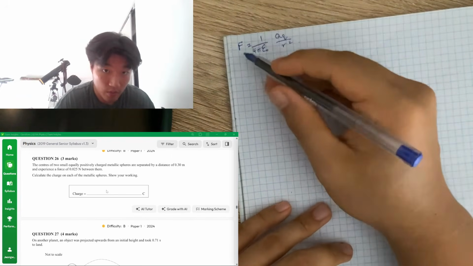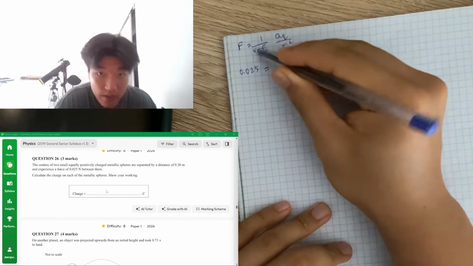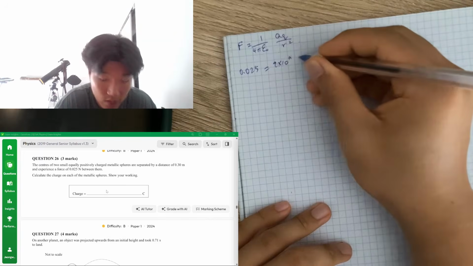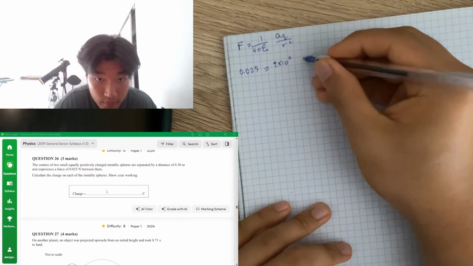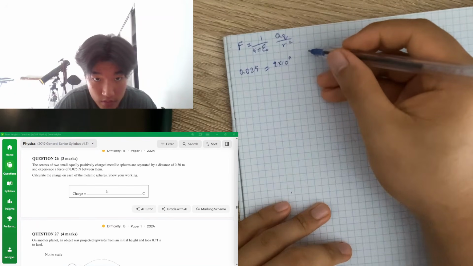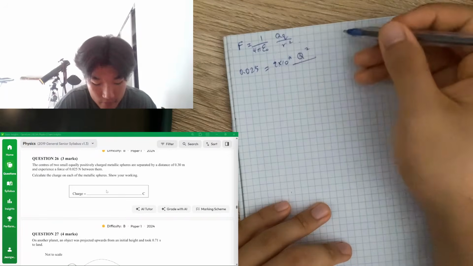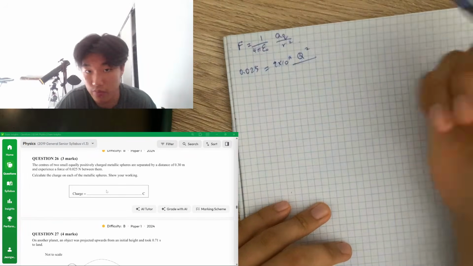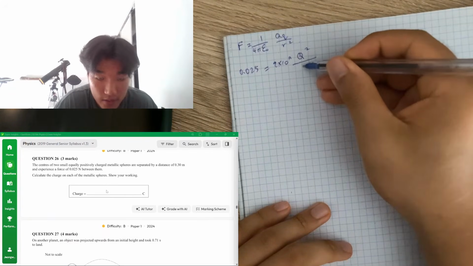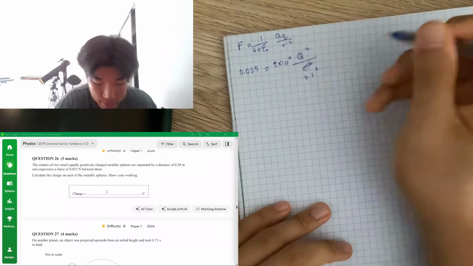We're given the force, it's 0.025. This equals 9 times 10 to the 9, it's on the formula sheet. They're equally positively charged, so it's Q squared. You're multiplying the same value, so you square it. Then you have the radius, which in this case is 0.3 squared.